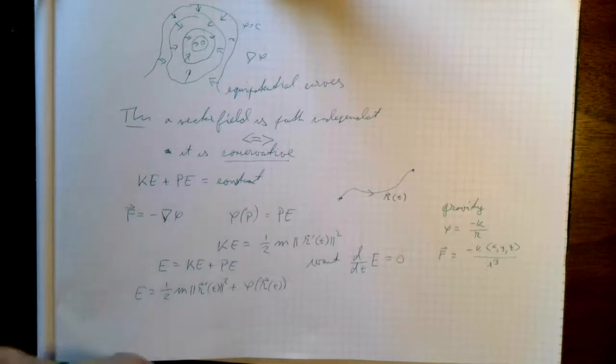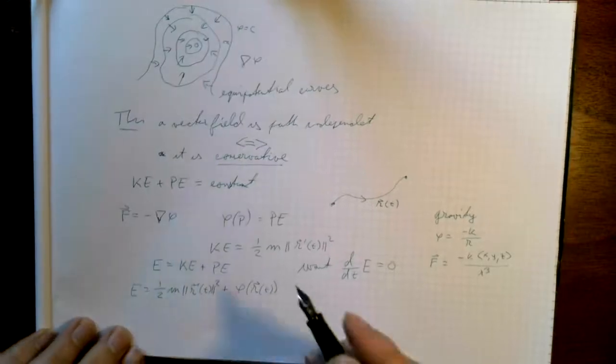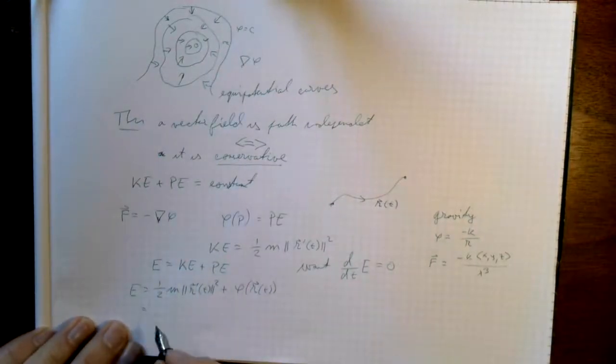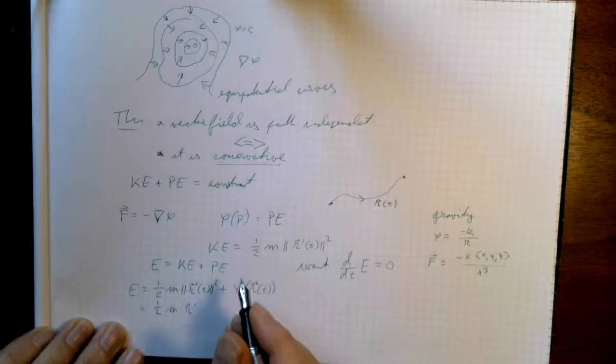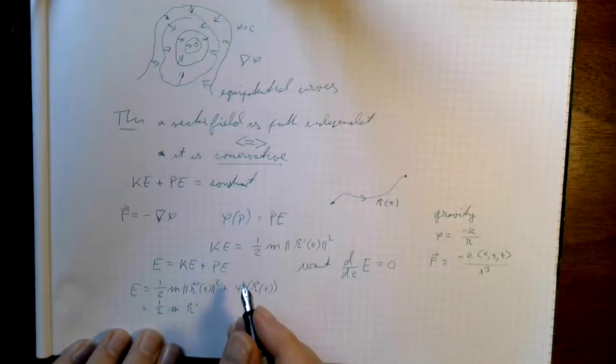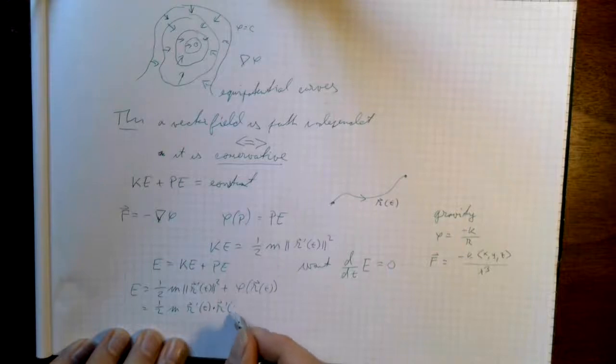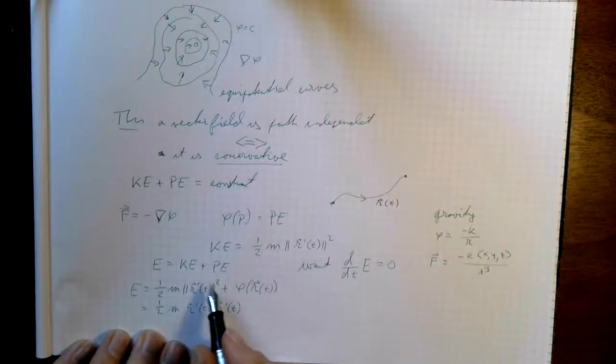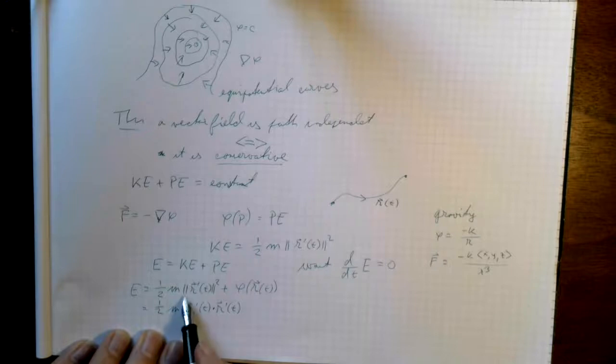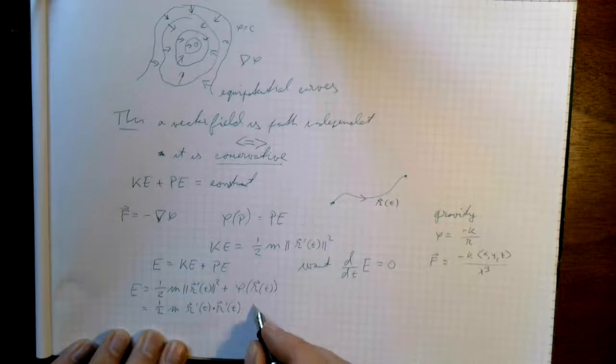Now, there's a couple of things. First, I can write this thing as r prime of t dot r prime of t, since the magnitude squared is just the dot product, plus phi of r of t.